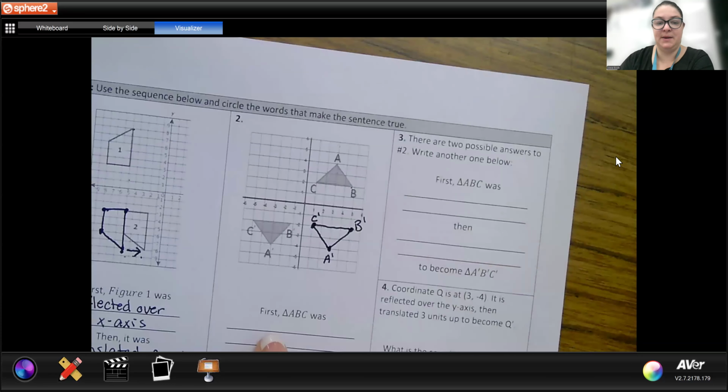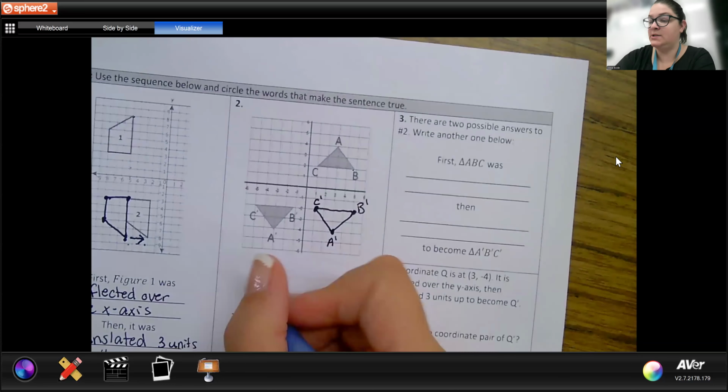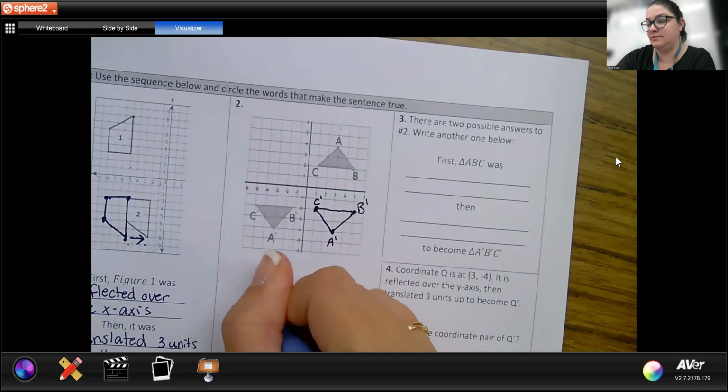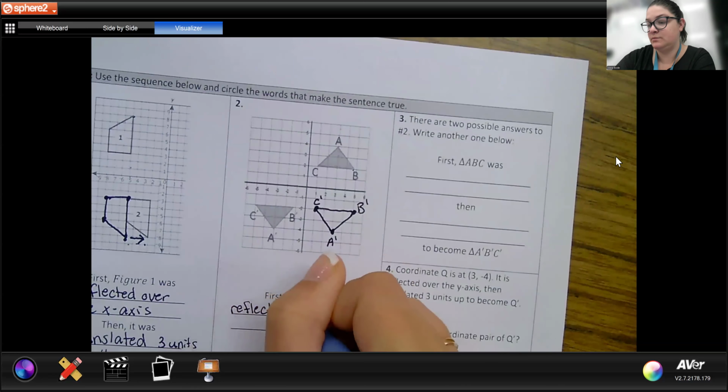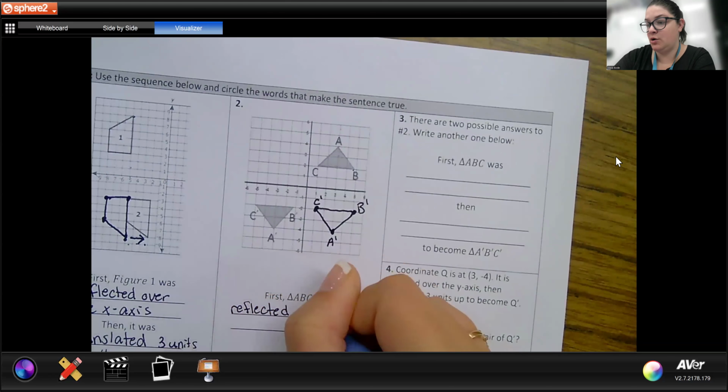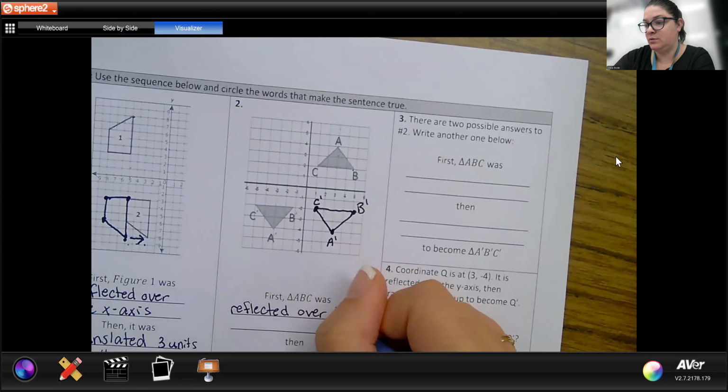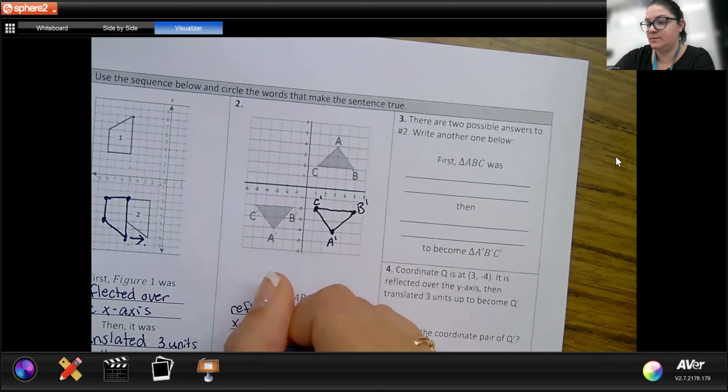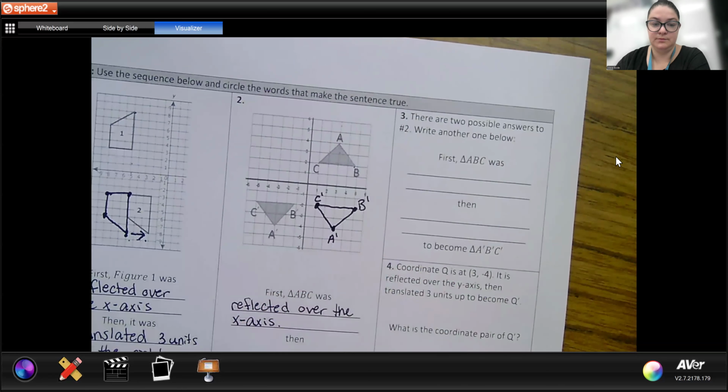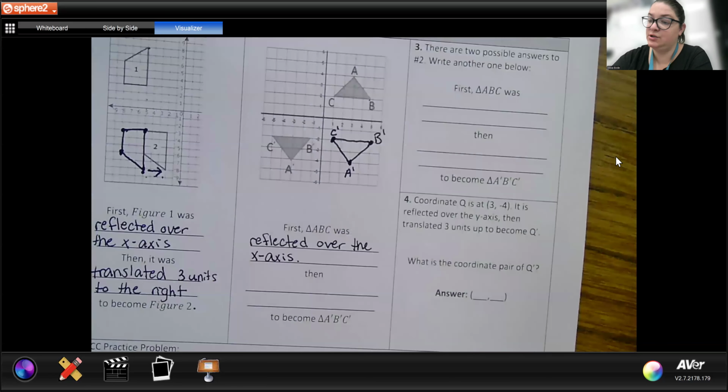So first, triangle ABC was reflected over the x-axis. Then I need to translate it.